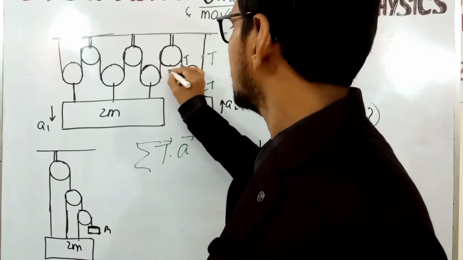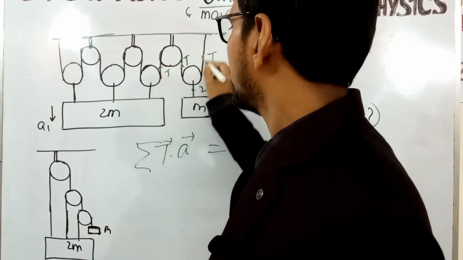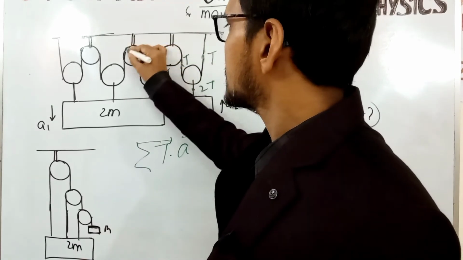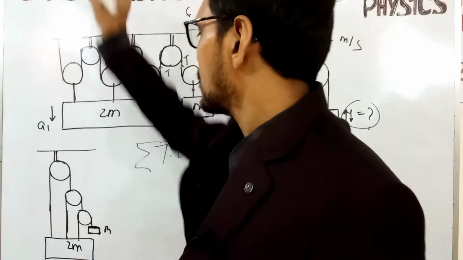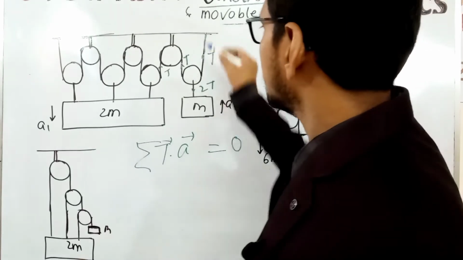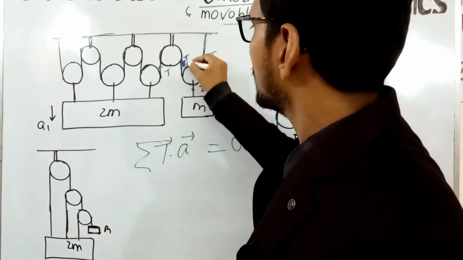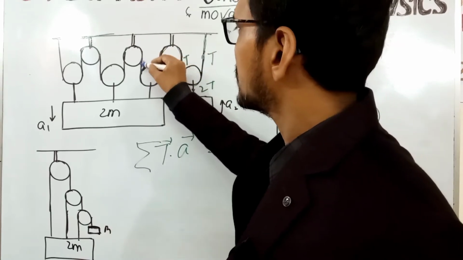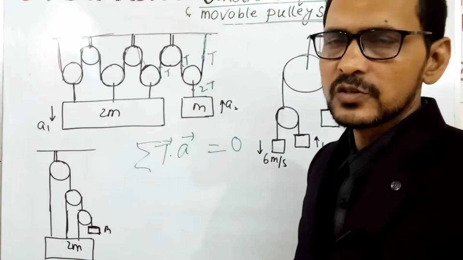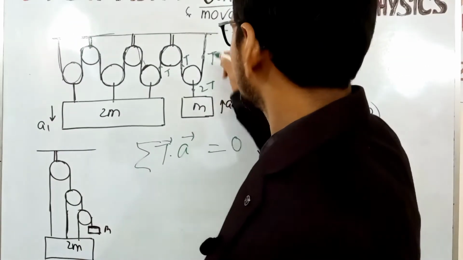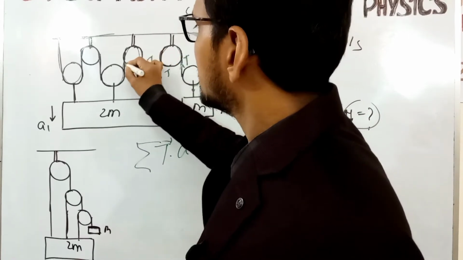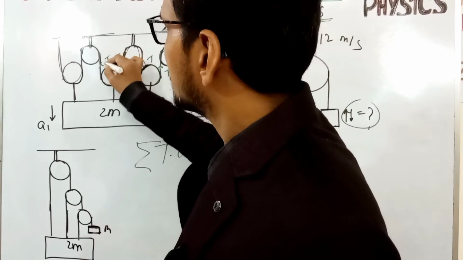The tension of this string is the same, since it is the same string, so the tension along the whole string will be the same. Now the tension becomes T, so this is T, this is T, this is T, this is T, this is T.